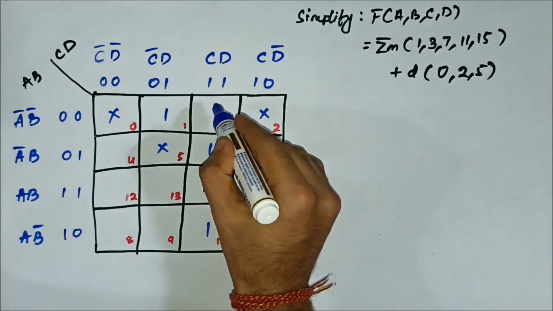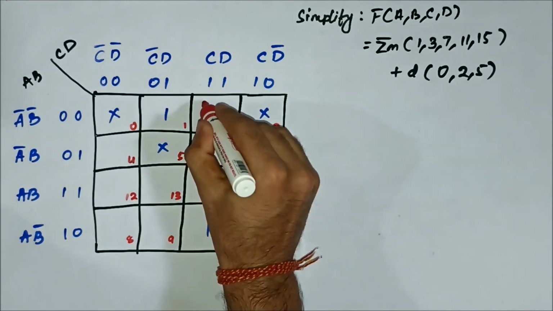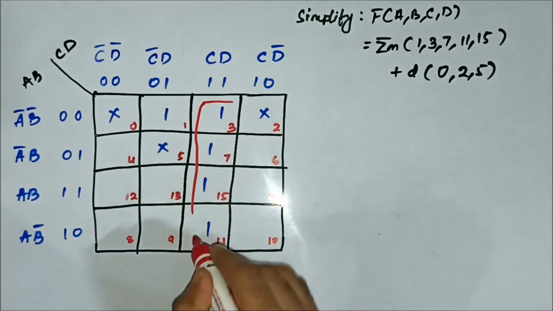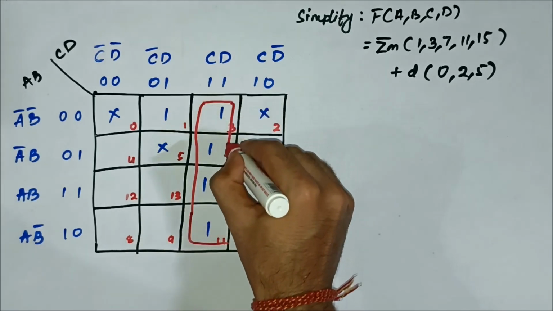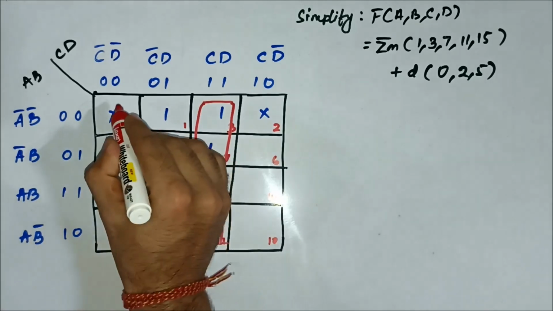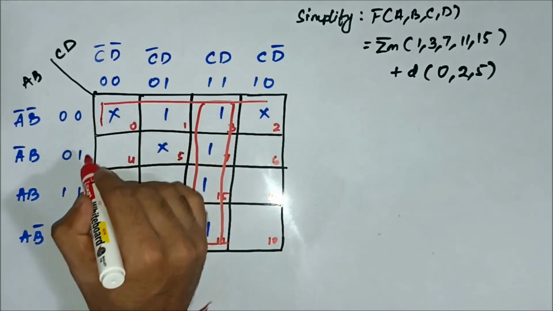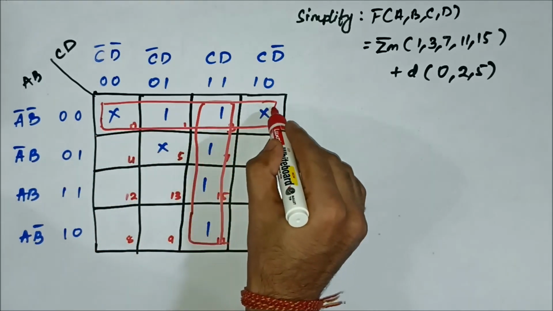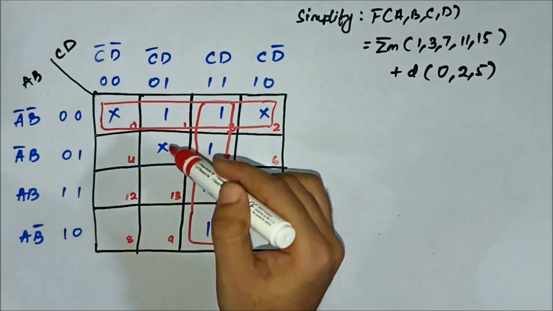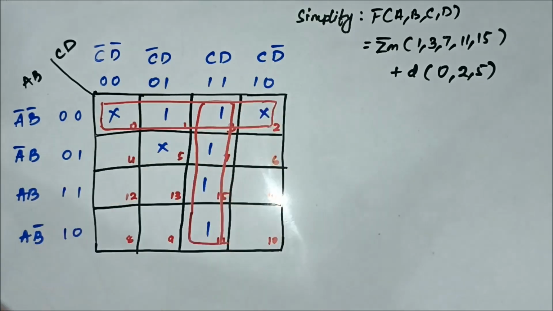So here we can form a quad involving cells 3, 7, 11 and 15, and then another quad involving cells 0, 1, 3, 2. Now you see this X marked cell number 5, it is left behind.